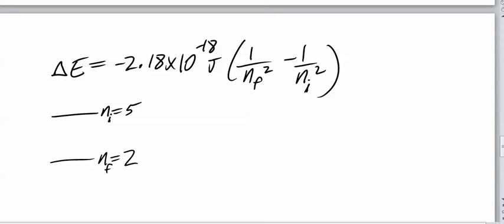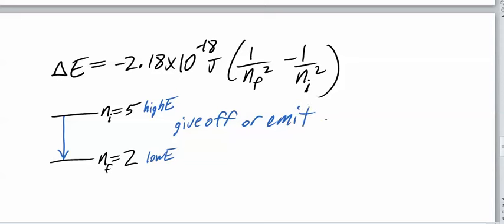And when we go down from here to here, if this is high energy and this is low energy, in order to go from high to low, it must give off or emit energy. And one way to give off or emit energy is as a photon of light. These photons of light or particles of light are equal to energy.